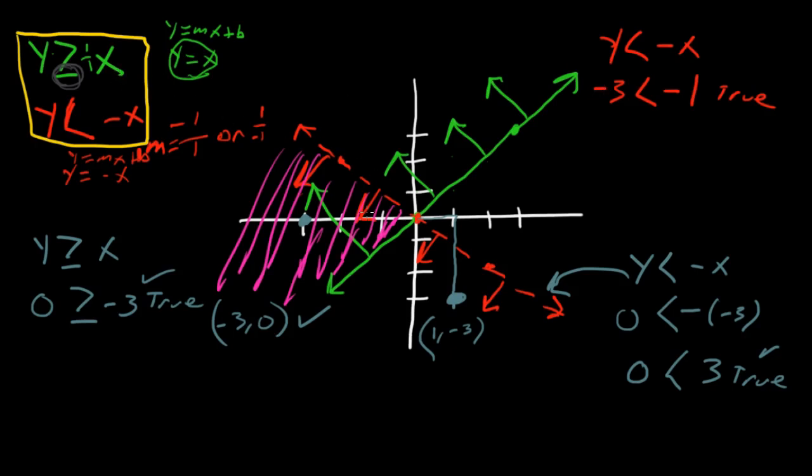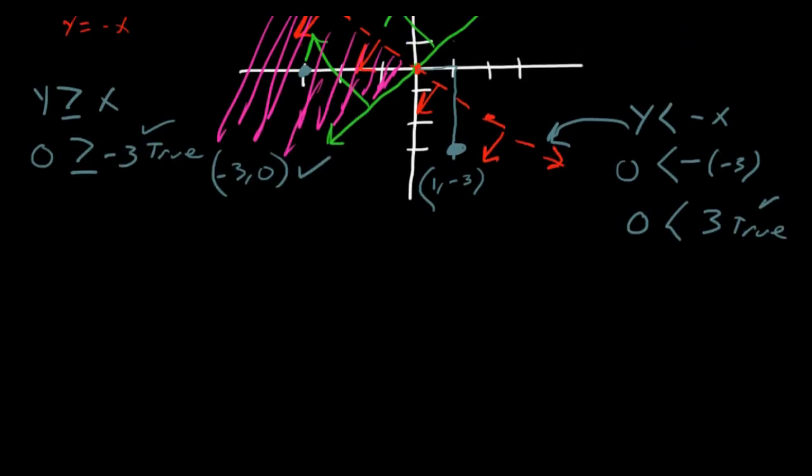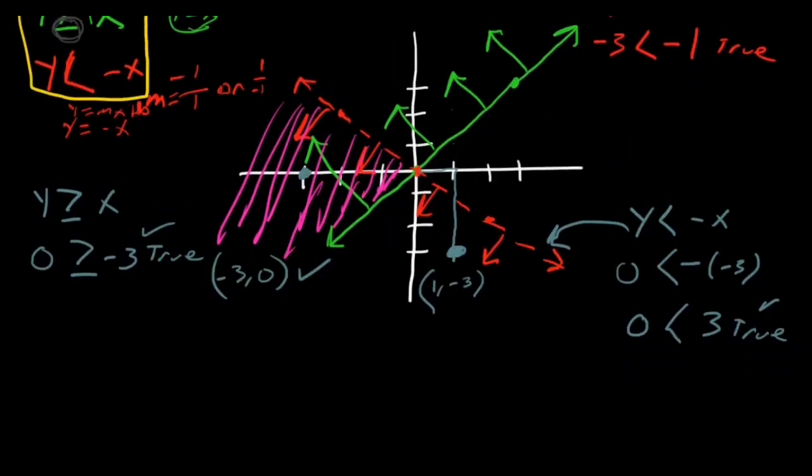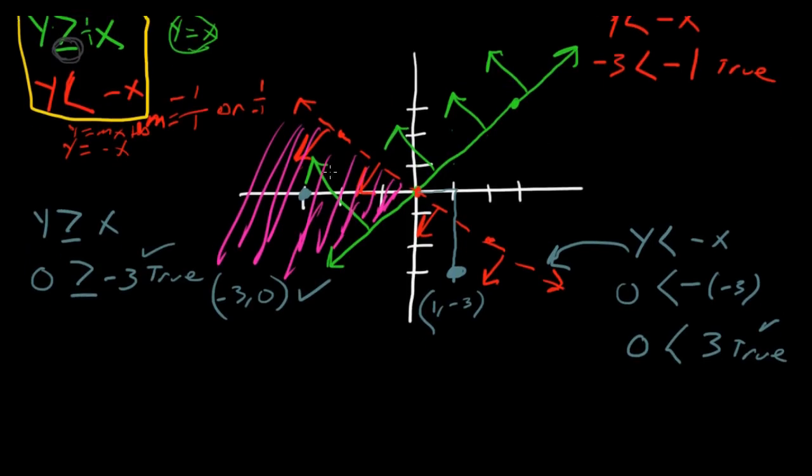Now, if we put that same point into the green, it should not pass the test. Oops, that kind of disappeared here, but let's look. That green inequality is y is greater than or equal to x. So let's put this point in.